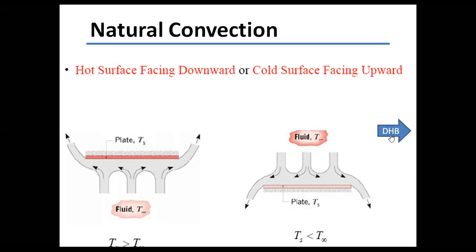Once you find Nusselt number hL by k, find the heat transfer coefficient h. Then Q is equal to h into A into temperature difference. The temperature difference is known; the only thing is to find h by finding the Nusselt number.